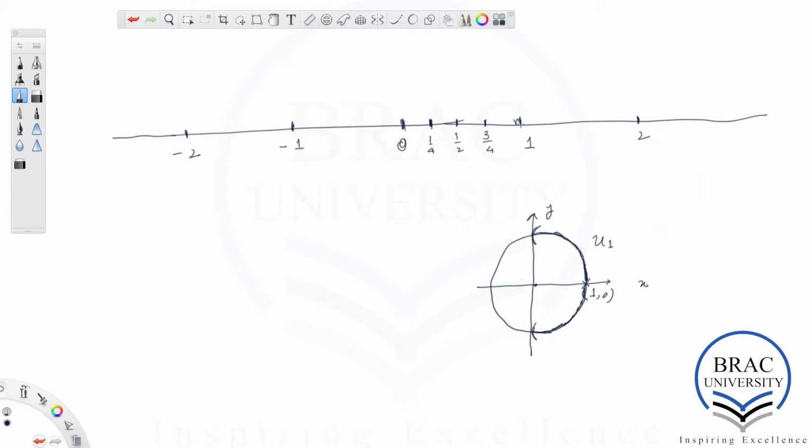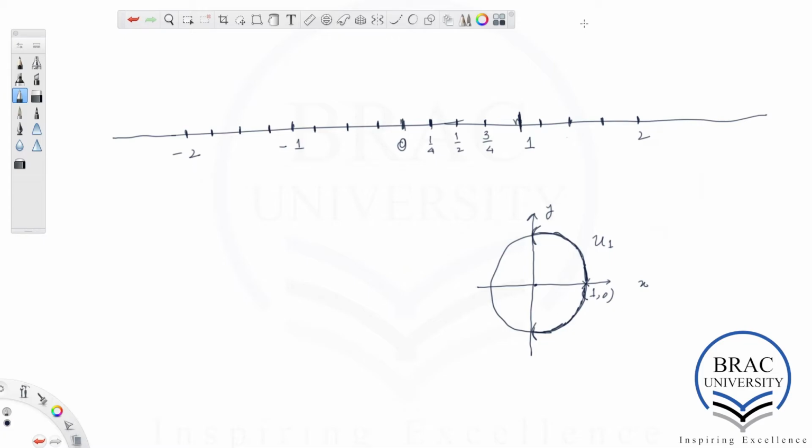Again, this is 1 quarter, this is 1/2, this is 3 quarter. Similarly, this is -1 quarter, this is -1/2, -3 quarter, this is -1, and so on.